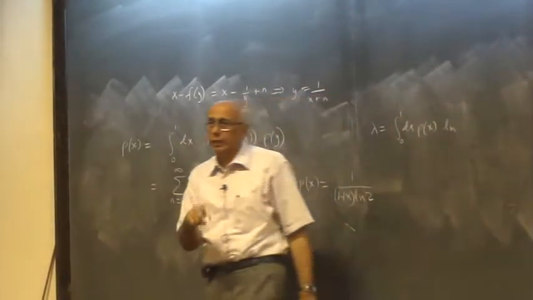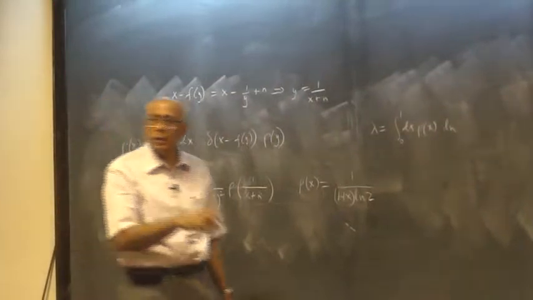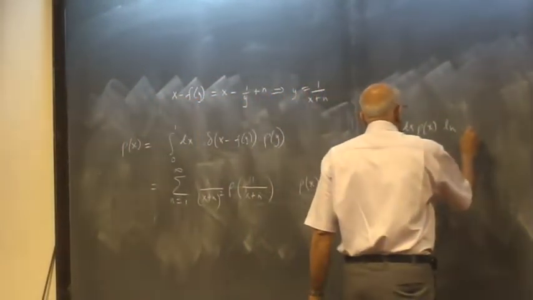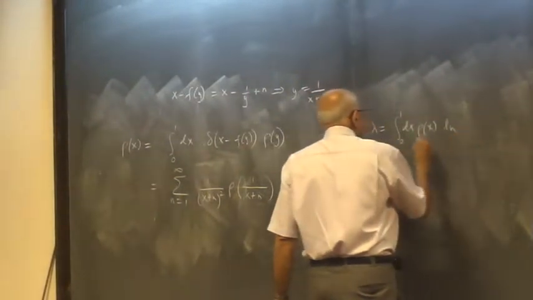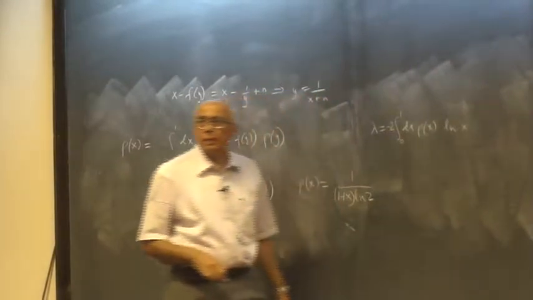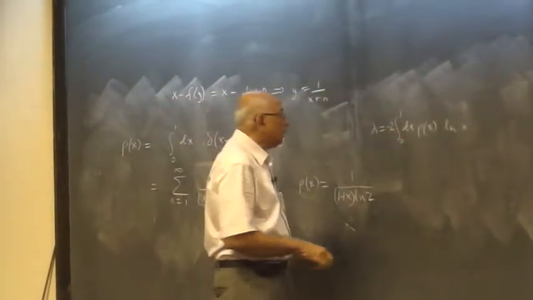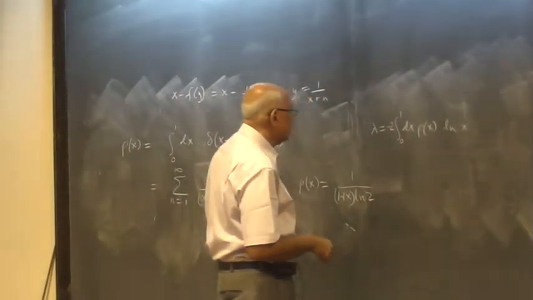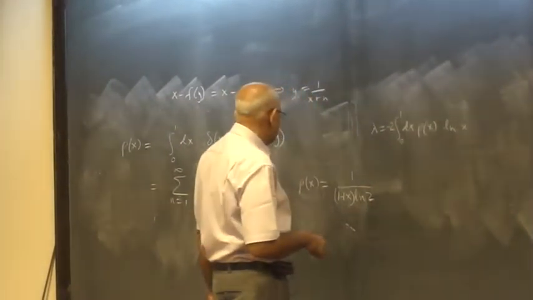But f of x is 1 over x, so f prime is 1 over x squared, modulus, etc. So log 1 over x squared, which is minus 2 log x. And the rho of x is whatever it is. This guy.